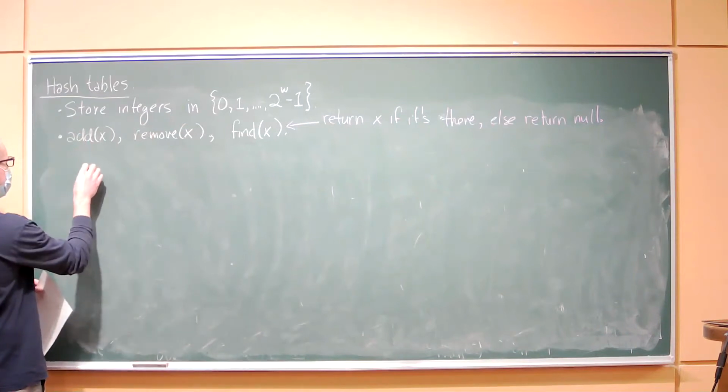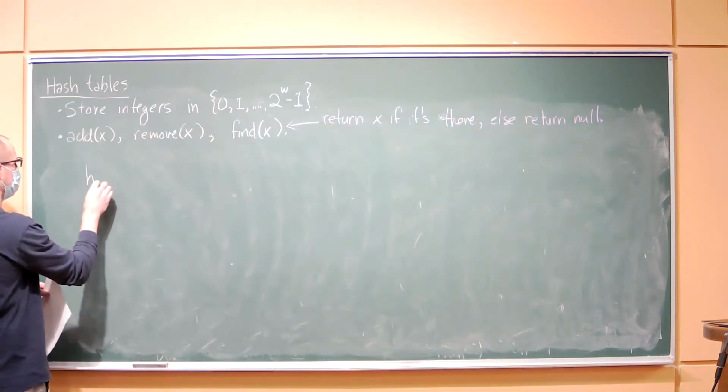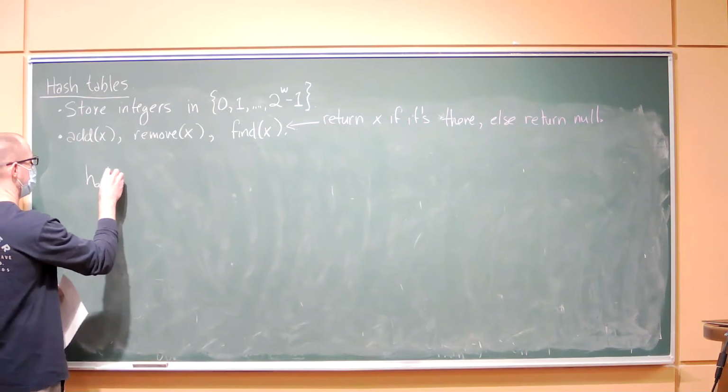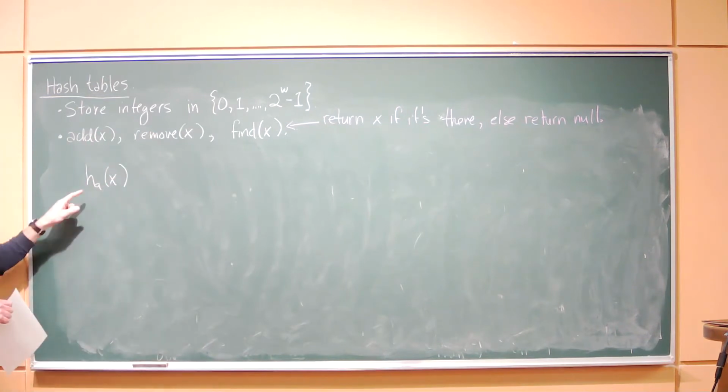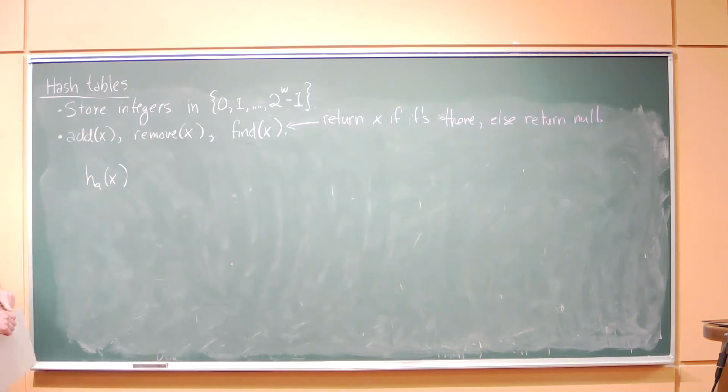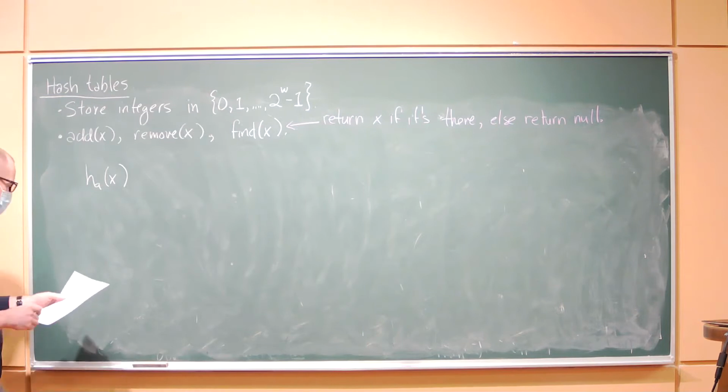Here's a function called h sub a of x. Really, it's a function of two variables, a and x, but it's helpful to think of a as the fixed thing.